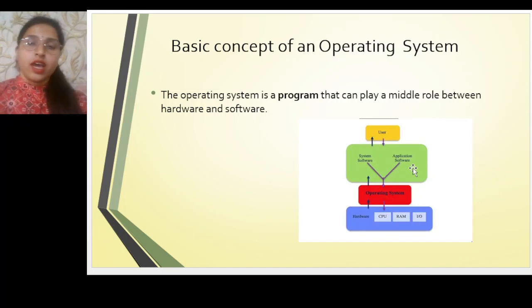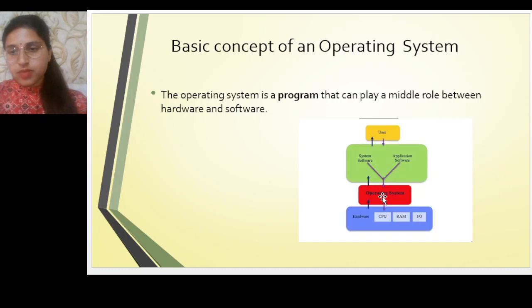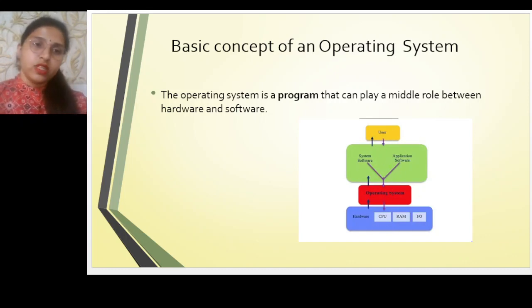Application software does the user specific job, like your Chrome, like your Office suite. So the user makes use of application software, and application software communicates with the operating system and gets all the work done on behalf of the user.